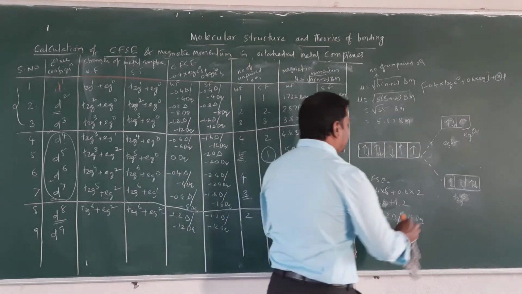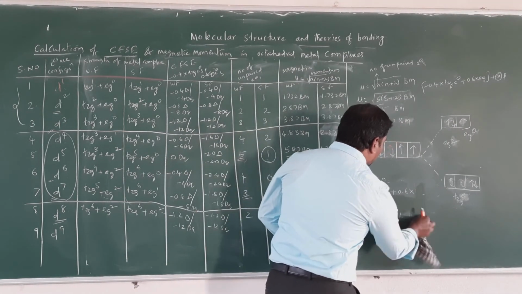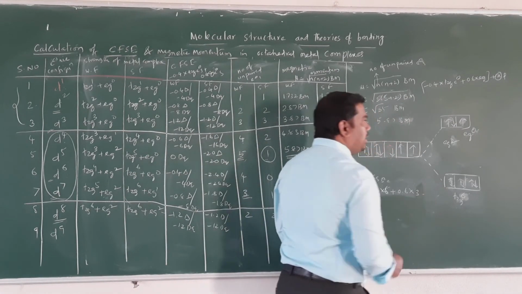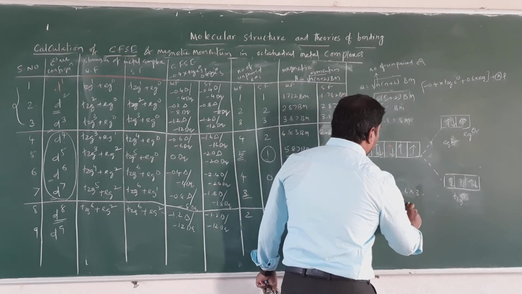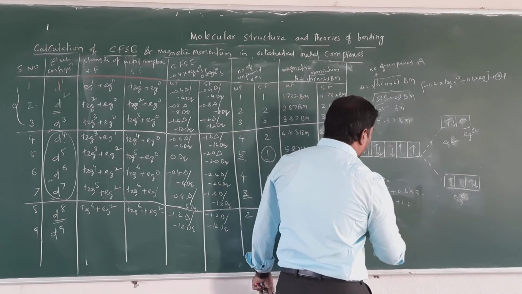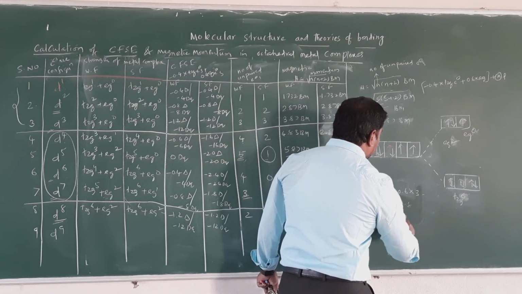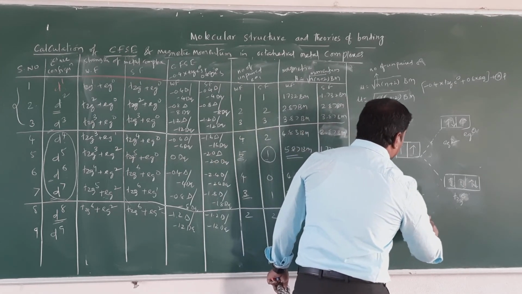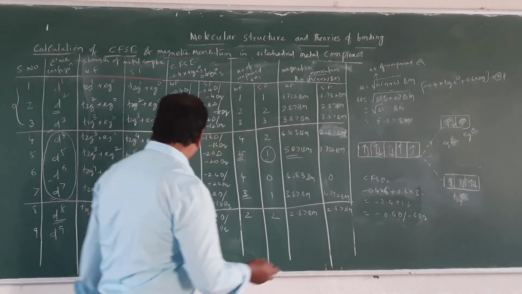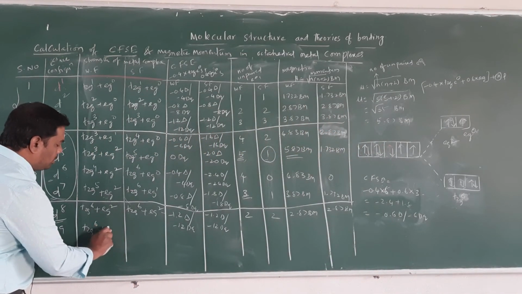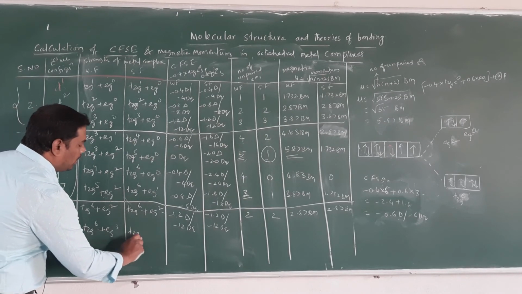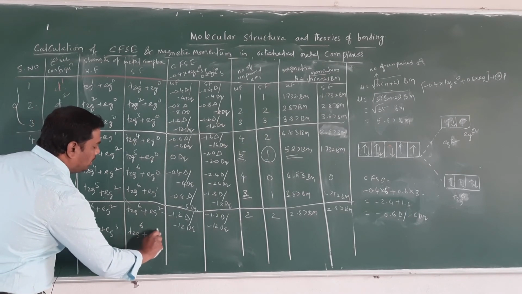So therefore here the eg value will vary. The eg value is 0.6 into 3, so that is equal to minus 2.4 plus 1.8, that is equal to minus 0.6 delta or minus 6 Dq. What is the configuration here, students? That is t2g6 plus eg3.